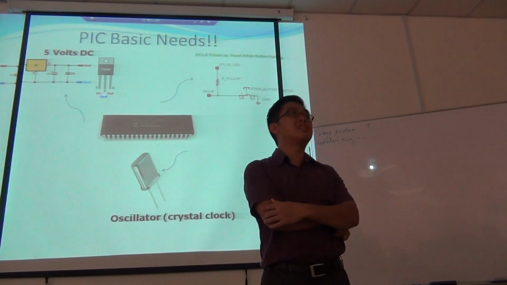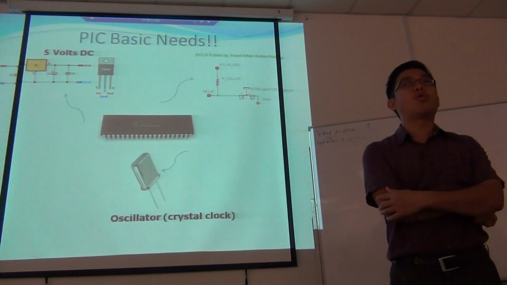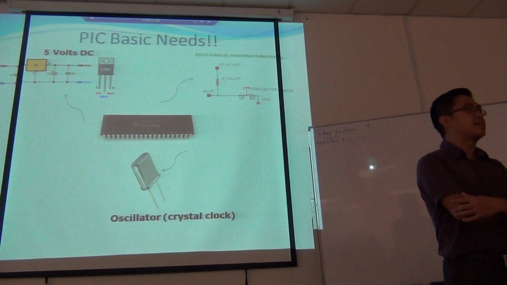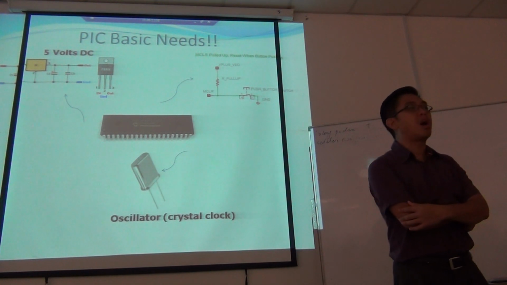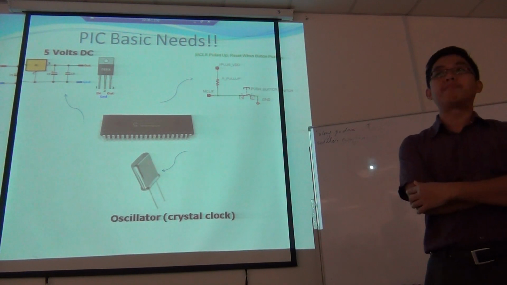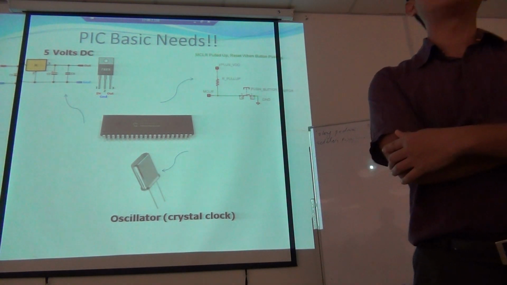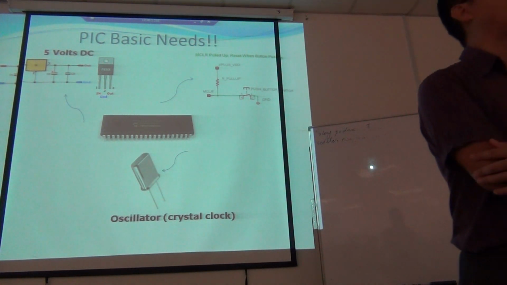And those 2 pins must be connected to the PIC at pins OSC1 and OSC2. That's why you can see that the crystal clock is located near the 2 pins. On the green connector, you can see the labeling, OSC1 and OSC2.